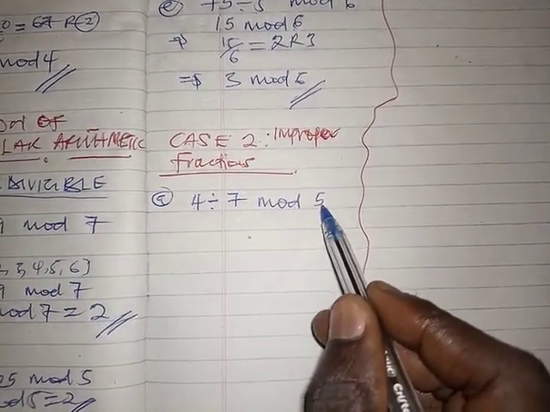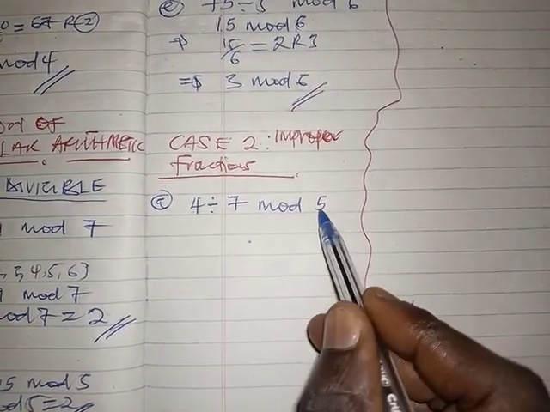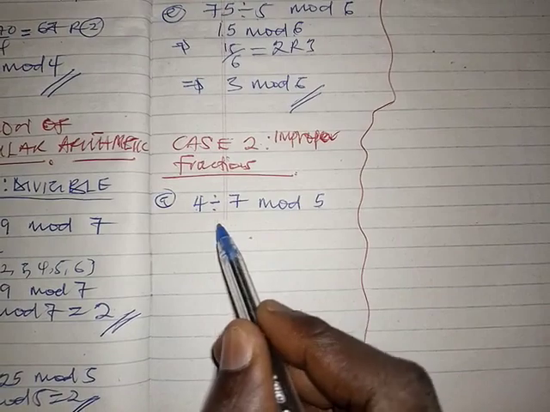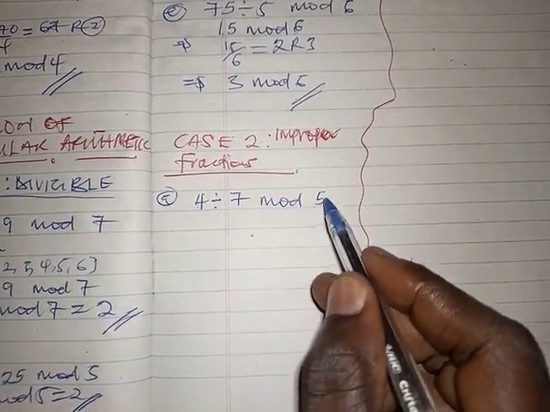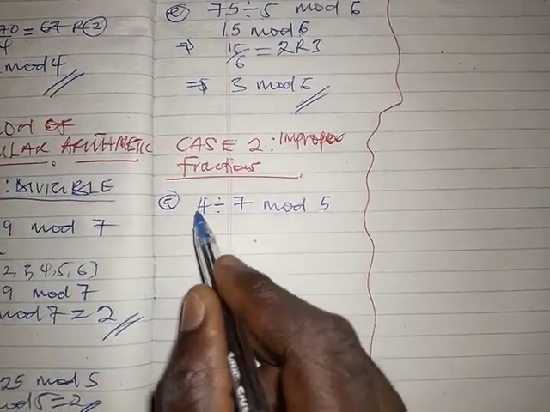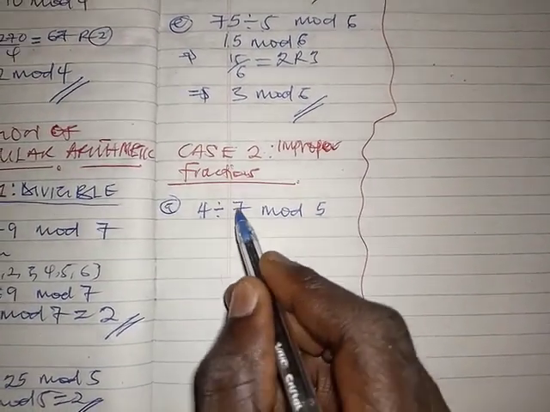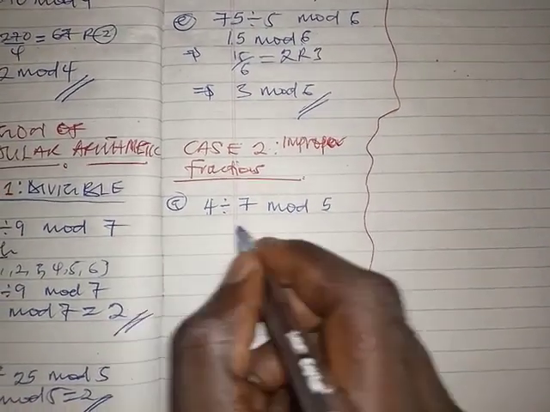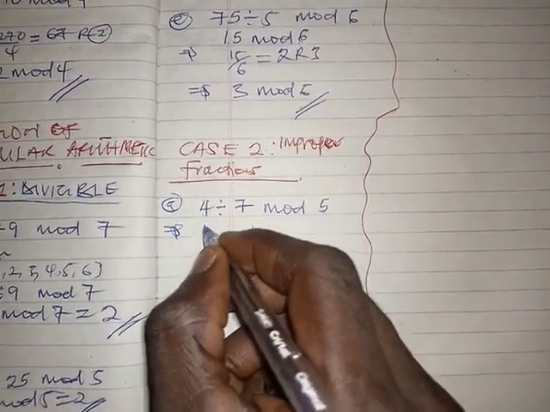You are going to add the modal value here, 5, to 4, or you keep adding 5 to 4 until you get a number that 7 can divide. So let's see, we have two ways.